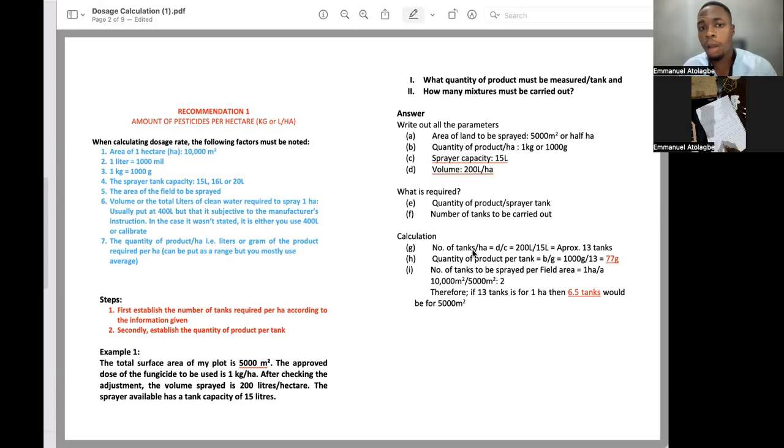What quantity of product? 77 grams. Now, how many mixtures must be carried out? Since we went 13 times for a hectare, that means the hectare divided by 2 will be 6.5 tanks. So that is the answer to that. 6.5 knapsacks.